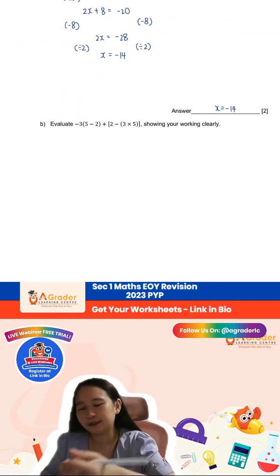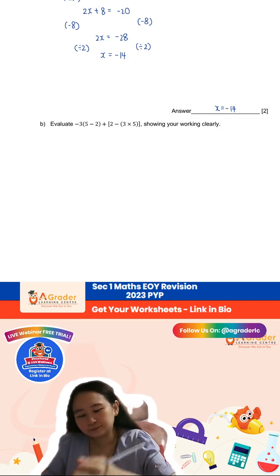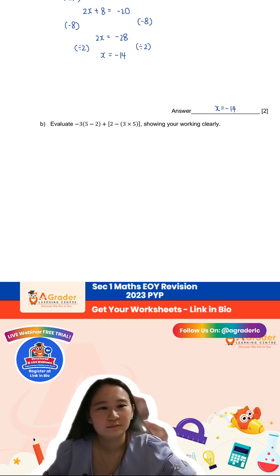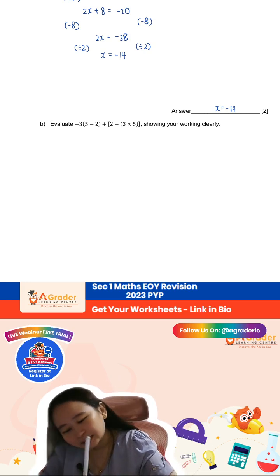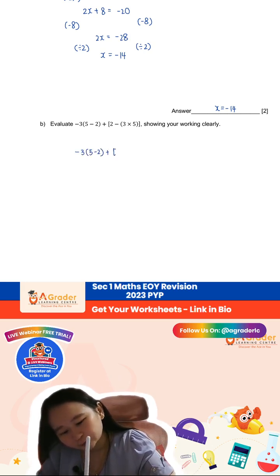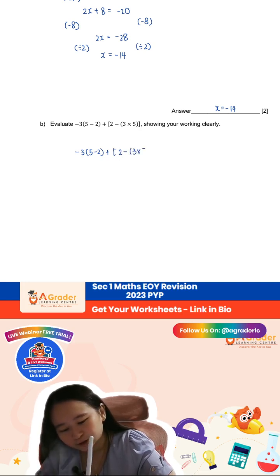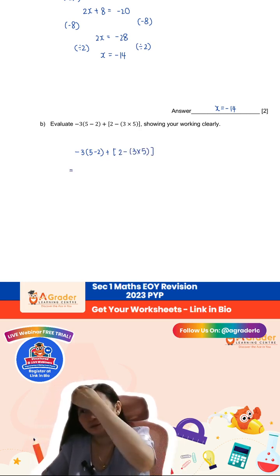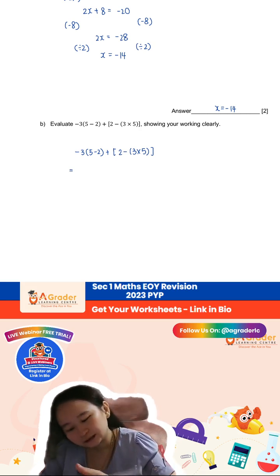Okay, let's evaluate this. Negative 3 bracket 5 minus 2 bracket plus bracket 2 minus 3 times 5. So we always have to deal with the bracket first.